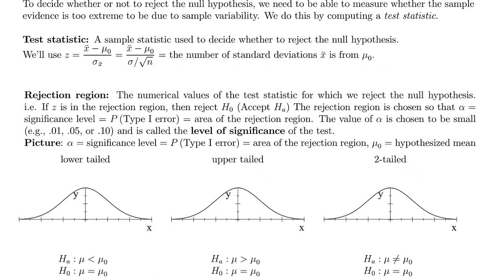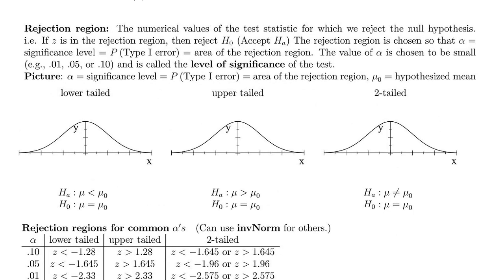So that rejection region in relation to our hypothesis test can take on one of three forms. It can be lower-tailed, upper-tailed, or two-tailed, depending on what your alternative hypothesis looks like. So it's the numerical values for the test statistic for which we're going to reject the null hypothesis. That is, if z is in the rejection region, we reject the null hypothesis and accept the alternative.